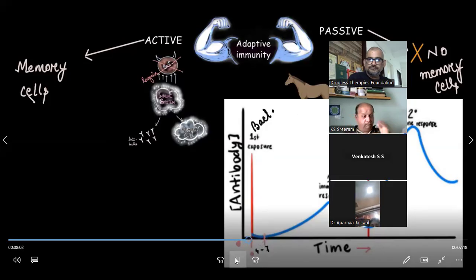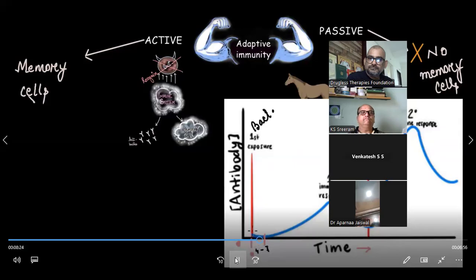But in case of passive immunity, the day the venom entered, the same day the anti-venom shots were given, which had antibodies readily made that can go and bind to the venom and destroy it, right? So which of the two is faster? Passive immunity, right?